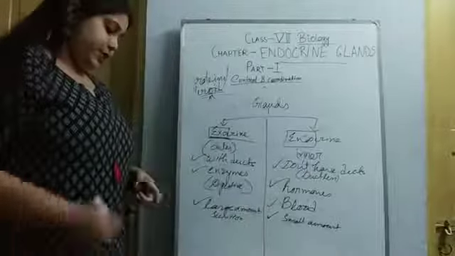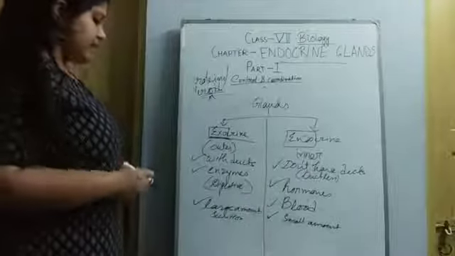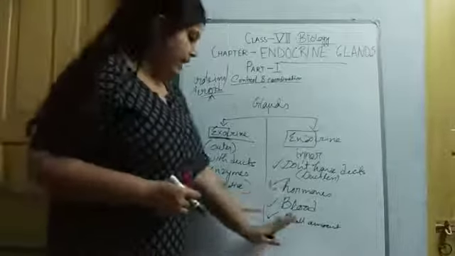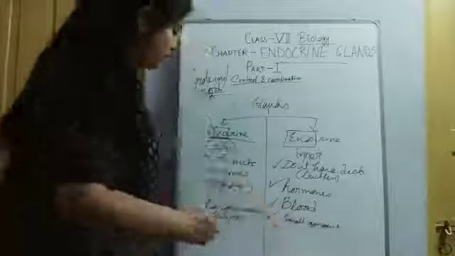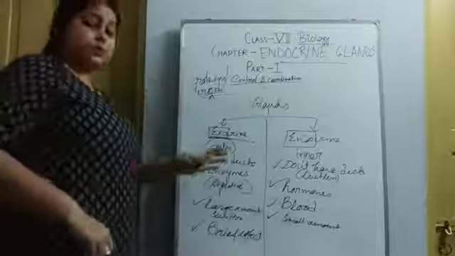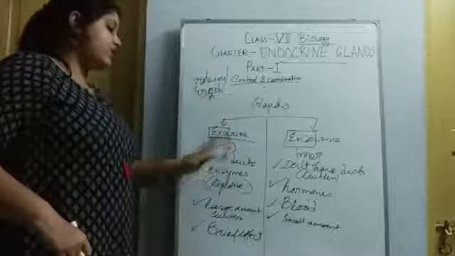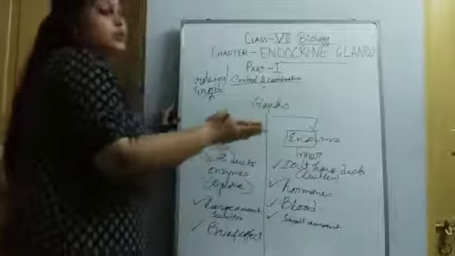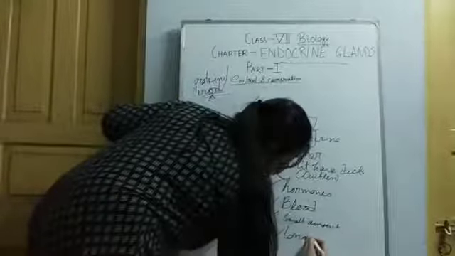And the next is that exocrine glands have a brief effect while endocrine glands have a prolonged effect. The effecting time is short for the exocrine glands, for the enzymes, but the endocrine glands which produce hormones have the longer effect.